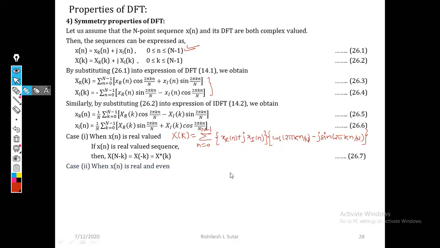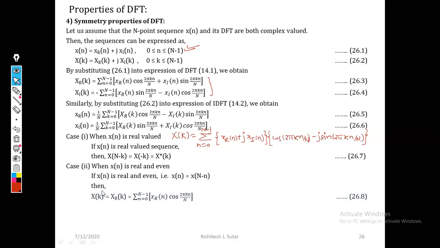Now my signal is real and even. Just as we have seen in the previous session, x of n is equal to x of capital N minus n. If it is real and even, then how should my x of k be? So x of k should be real and even.